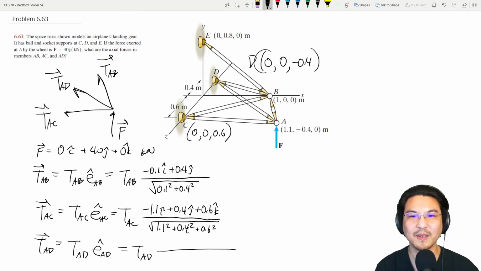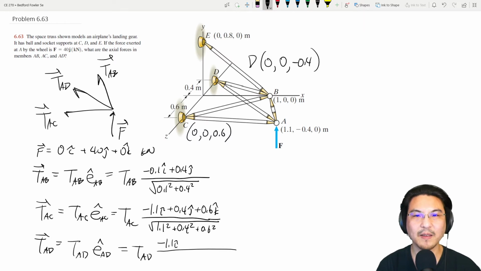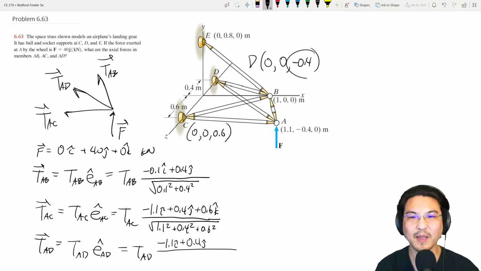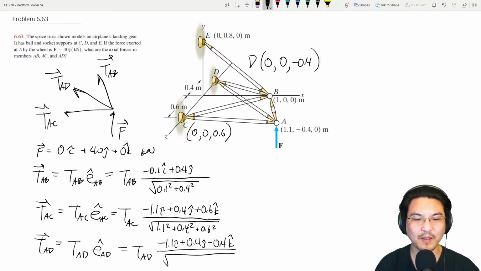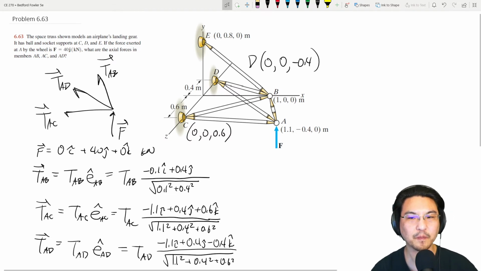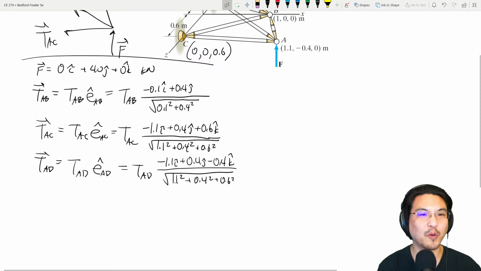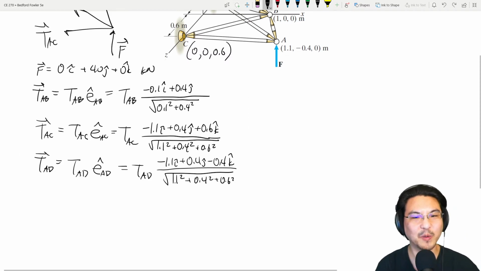So from A to D: 0 minus 1.1 i, 0 minus negative 0.4 j, negative 0.4 minus 0 k, and divide by its own magnitude. So we have all four vectors split up into components.